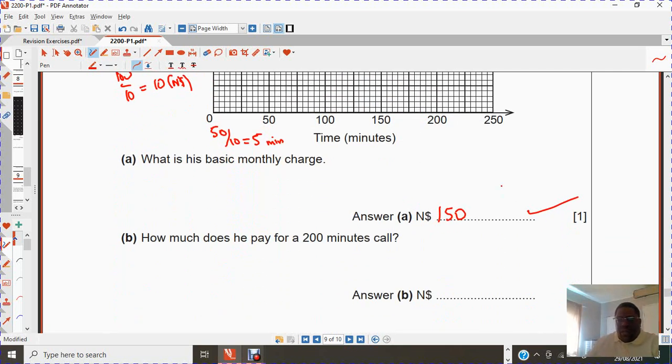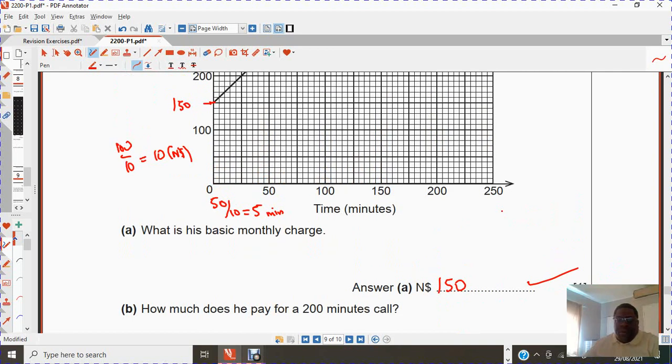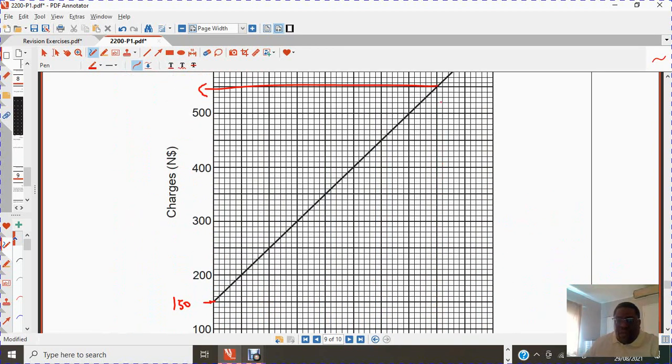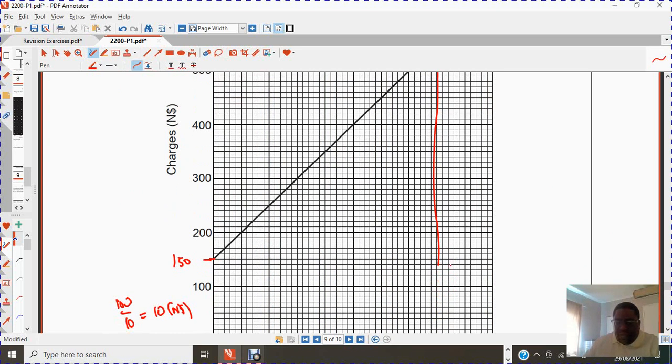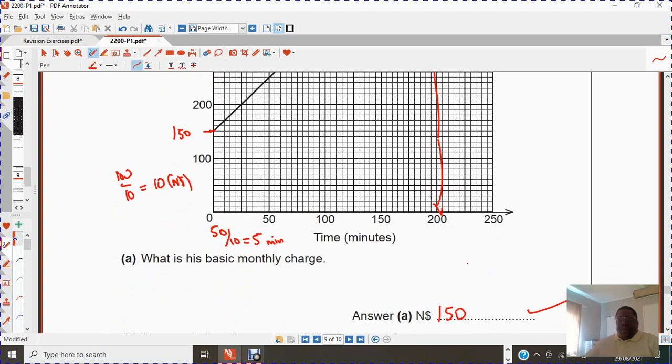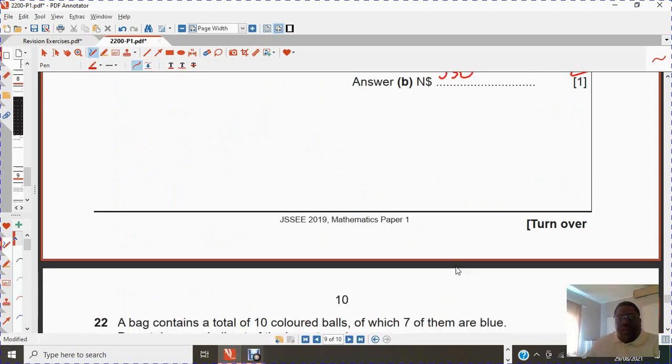But now, you are just reading from the graph. So from 200, you go all the way up, and then you read across, so you don't make the mistake of giving the wrong value. I guess maybe there's a third part to it. No, that one is done.